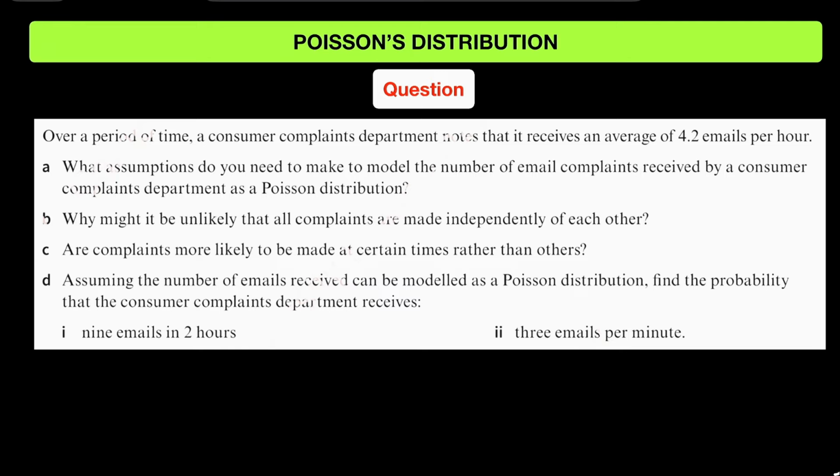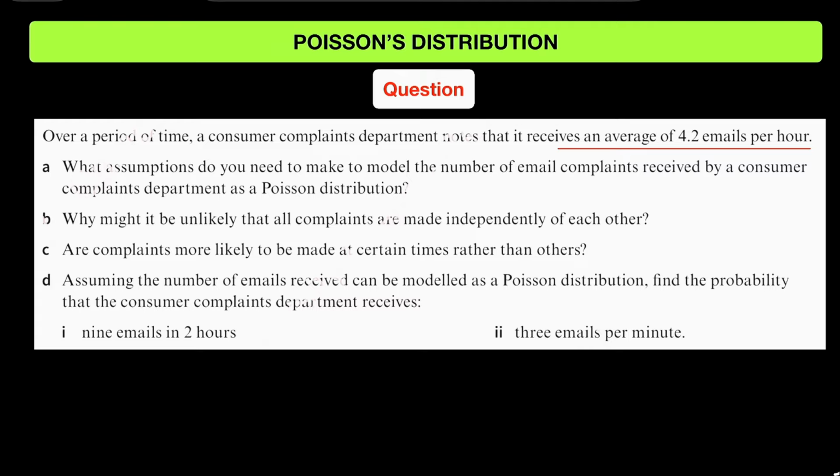Now we have reached the next question, where again we are going to change the time interval of the Poisson distribution according to the requirement of the question. So let's read the question first and then we will figure out what we need to do. Over a period of time, a consumer complaint department notes that it receives an average of 4.2 emails per hour.